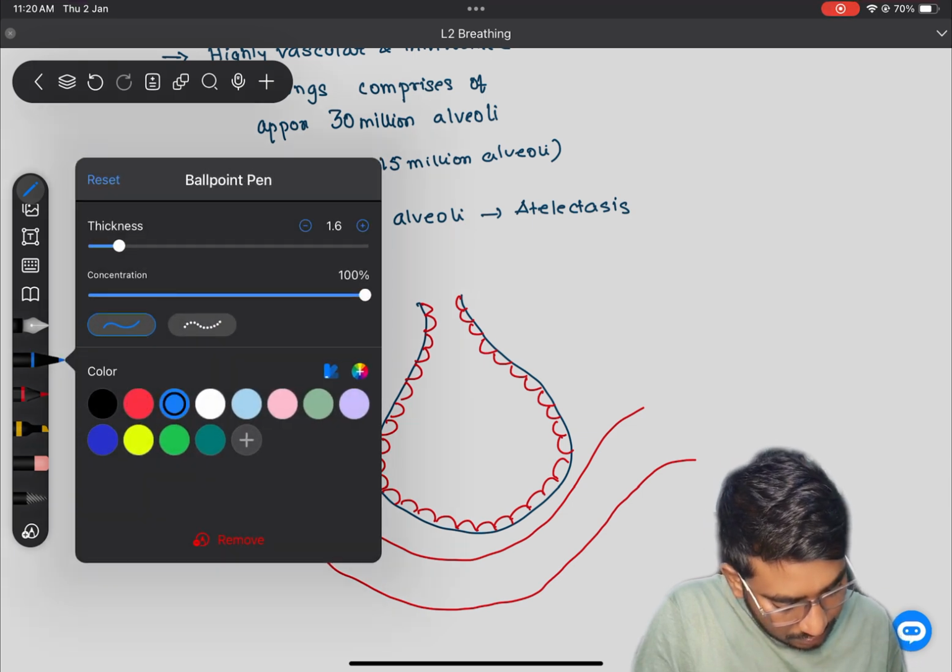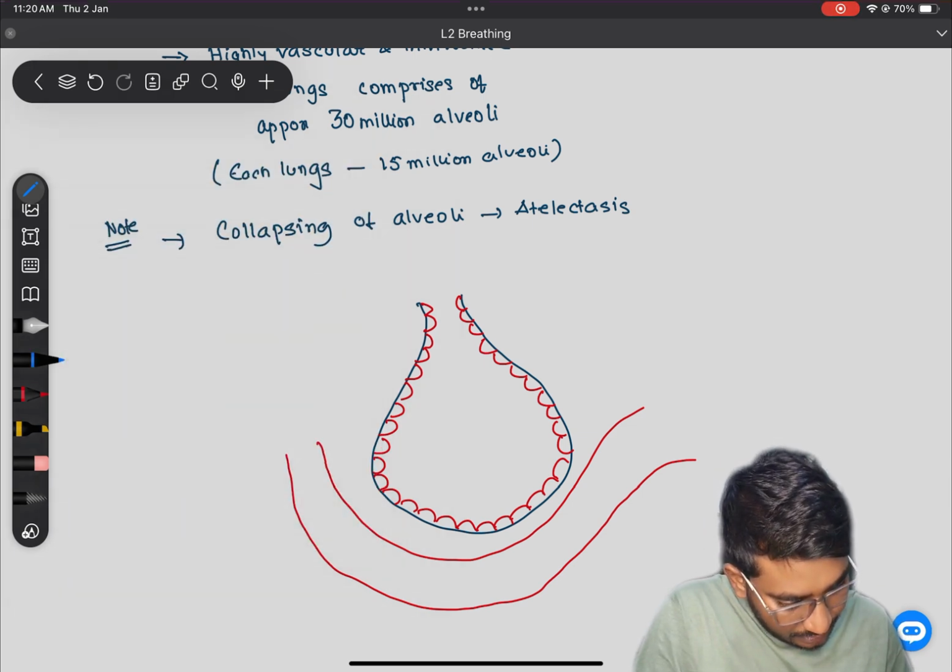Now with the blue color I am drawing the basement. These are the basement, I am drawing with blue dots.